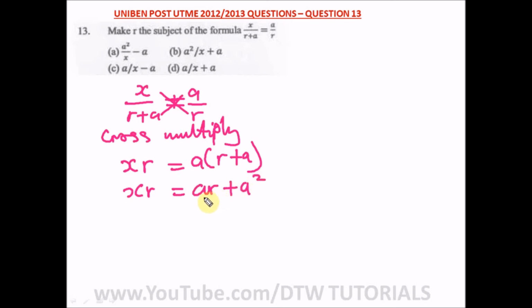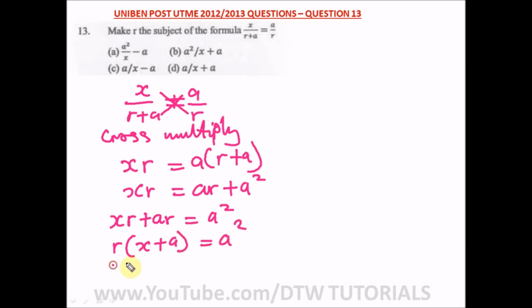Since we have to make r the subject of the formula, let's bring all the values that carry r to our left hand side. So we have xr plus ar equal to a square. So take out r, since r is common here. We have r bracket x plus a equal to a square. So what do we do? We divide both sides by x plus a.